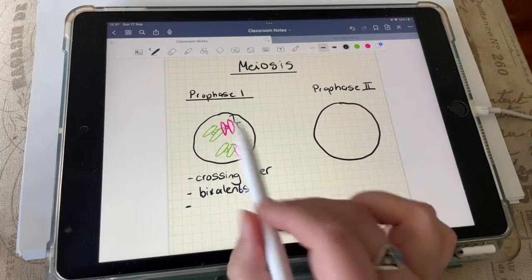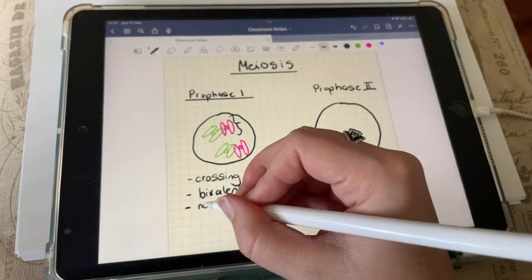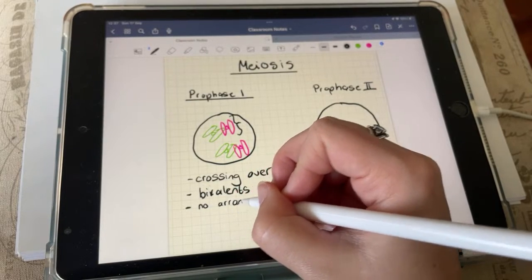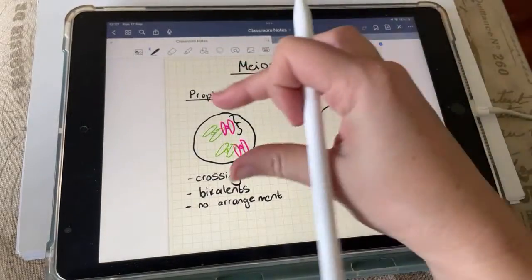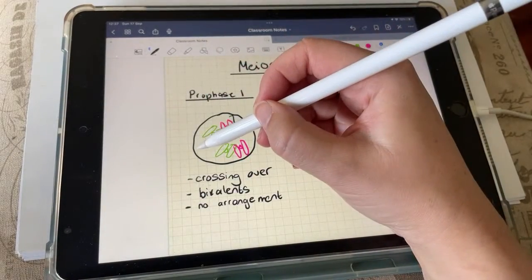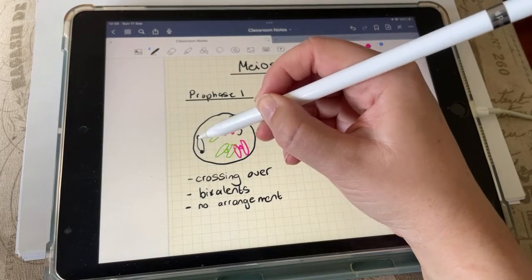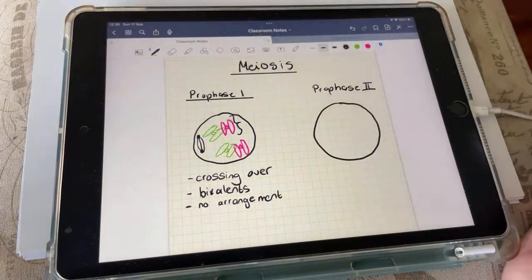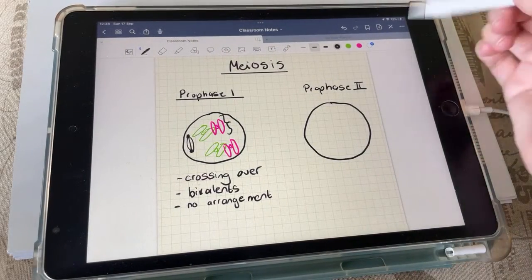They're just sort of floating out in the middle of nowhere. So there is currently no arrangement. In other words, they haven't aligned on the equator. They aren't being pulled apart. The other thing I suppose that is happening in the background over here is these are the centrioles forming the spindle fibers.